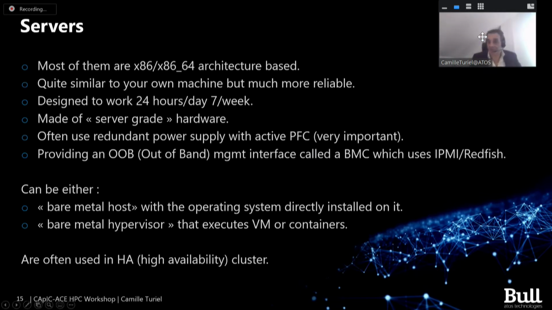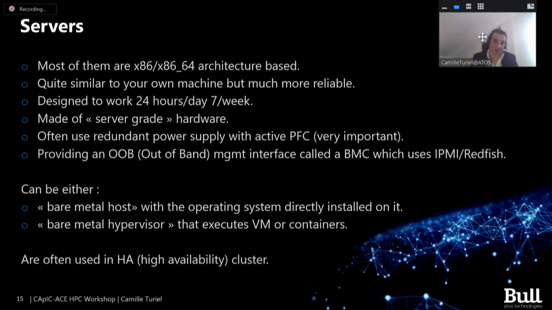And IPMI is something which is standard over all the manufacturers. If you consider that each manufacturer had a dedicated protocol, such as iLO for HP and iDRAC for Dell, they can have several names, but all of them are supporting IPMI.